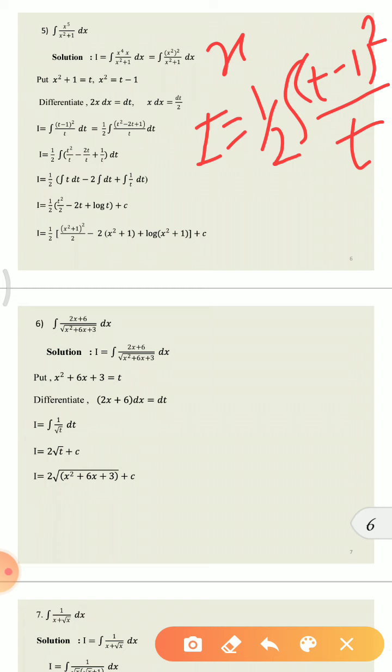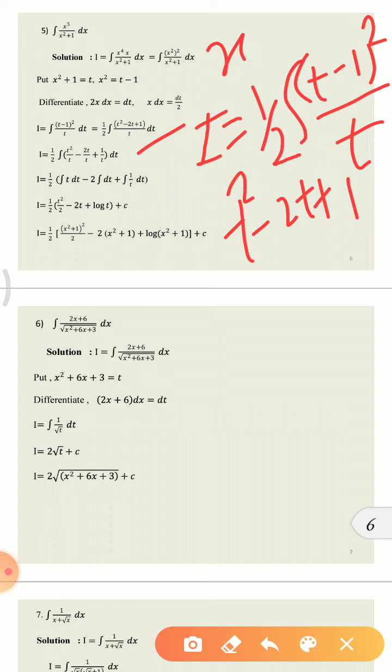Since a minus b the whole square is a square minus 2ab plus b square, in the same way t minus 1 the whole square is t square minus 2t plus 1, upon t. That is 1 by 2 integration of t square minus 2t plus 1 upon t dt.